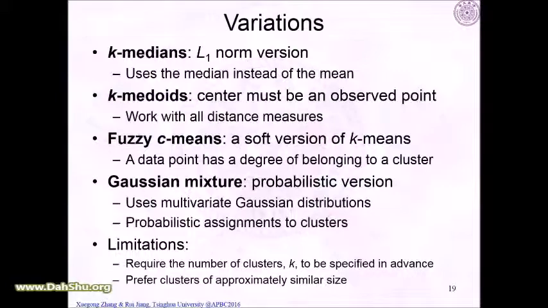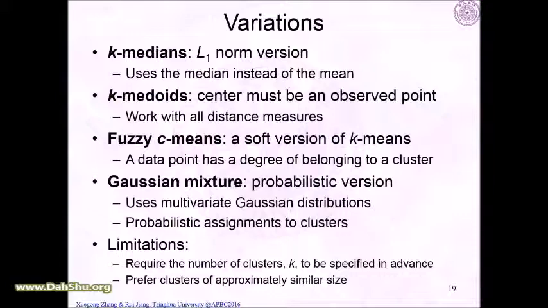And there are several variations of k-means clustering. Instead of k-means, we can use k-medians to represent the k clusters, or k-medoids, or we can use fuzzy c-means. That somehow is related to the question in the last session.